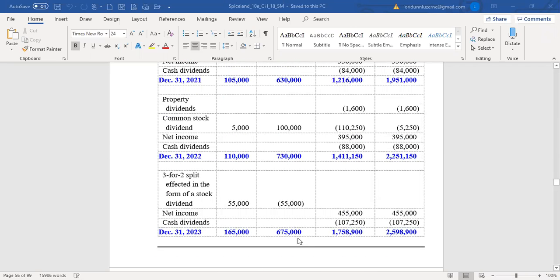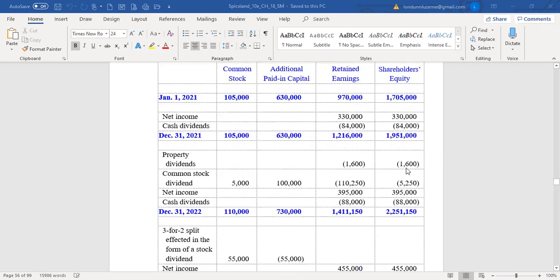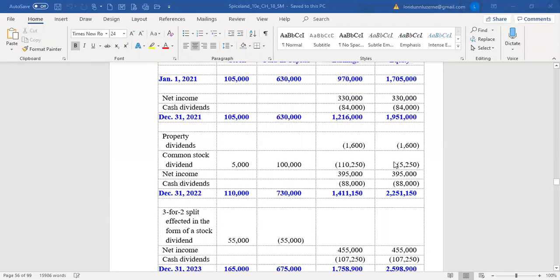Finally, the last year. Now, this will depend on where you recorded your stock dividend. I'm a stickler for retained earnings, but it'll either be a decrease to additional paid-in capital or decrease to retained earnings, increase to common stock. Net income increases retained earnings.